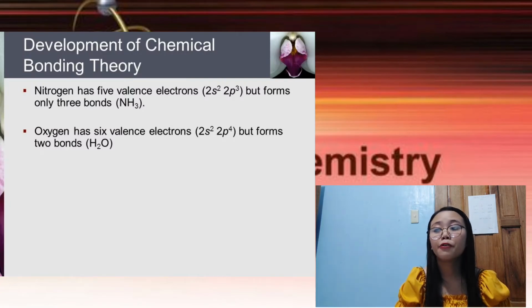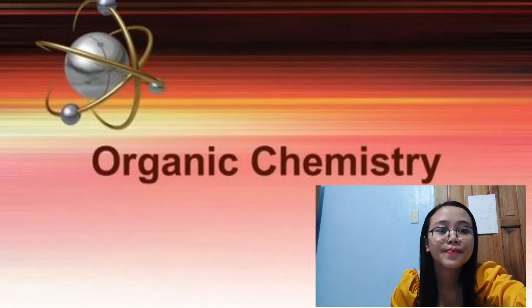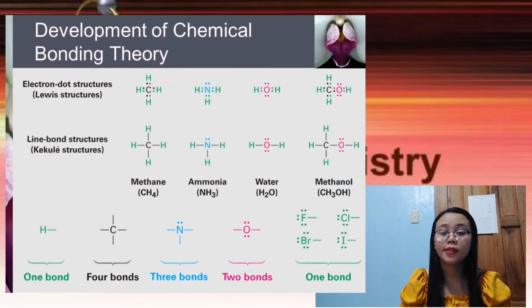Nitrogen has 5 valence electrons, 2s2 and 2p3, but forms only 3 bonds, which is NH3. Oxygen has 6 valence electrons, 2s2 and 2p4, but forms 2 bonds, which is H2O. Electron dot structures and line bond structures.